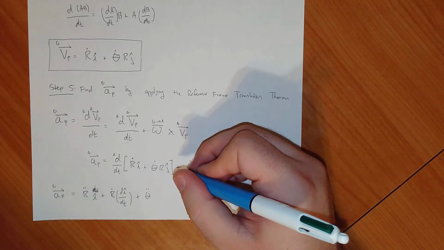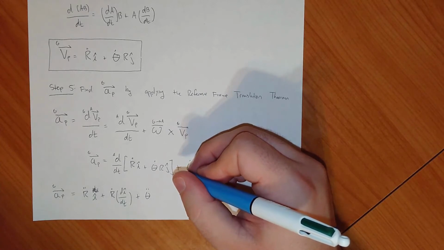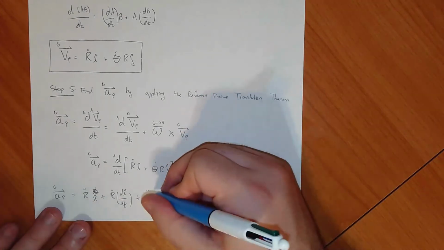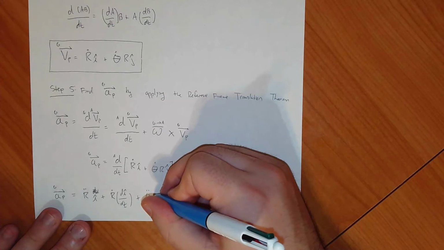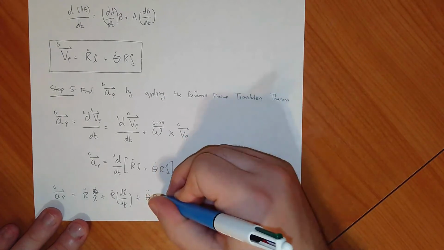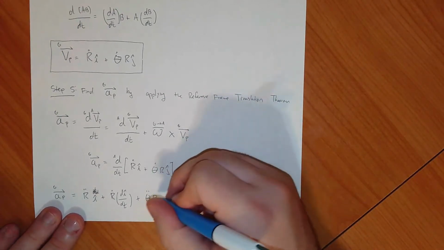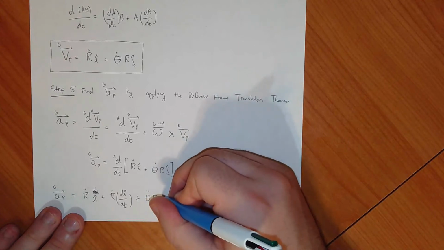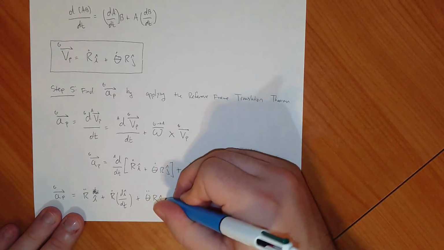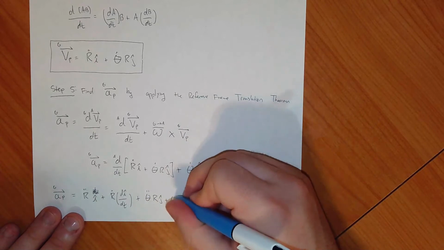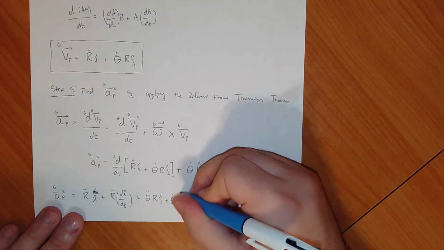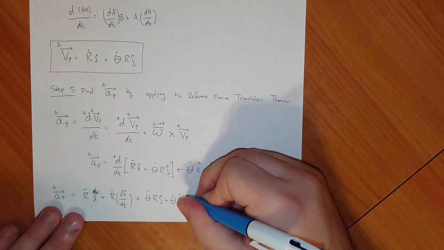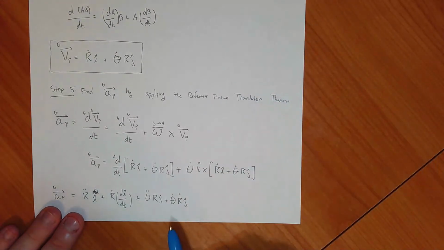Derivative of the first times the second plus the first times the derivative of the second. And there's actually 3 terms here, right?